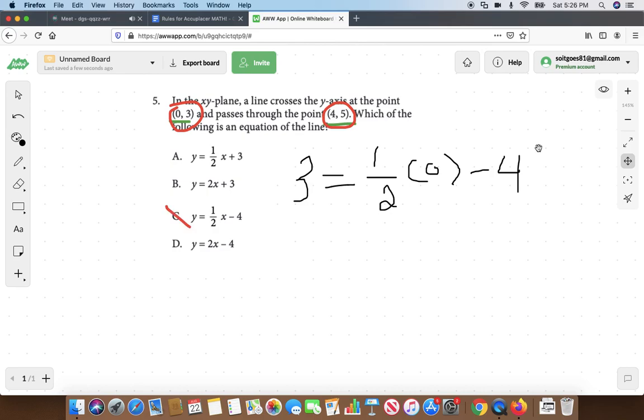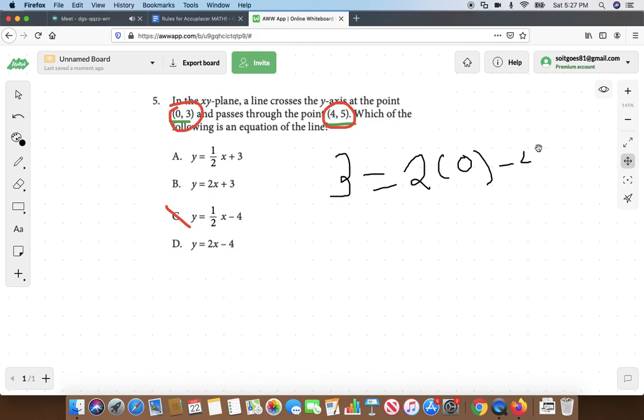Adios. C is gone. Okay, let's try D. Does that give us a true statement? No. 3 does not equal -4. All right, so either A or B.